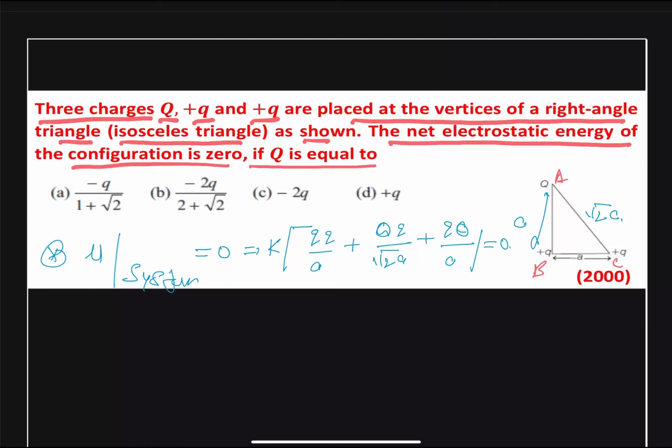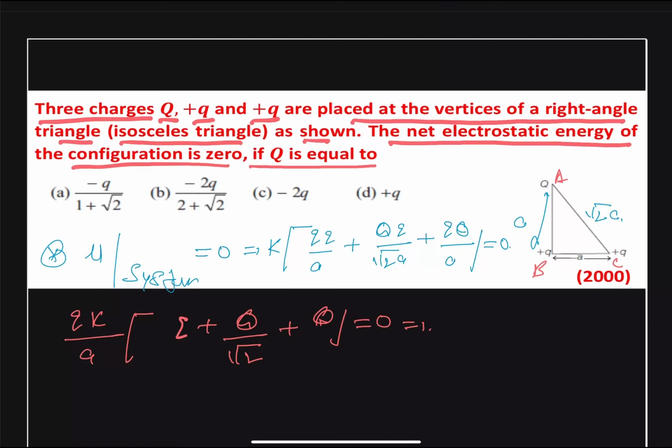Therefore we can easily solve it, and we can take kQ upon A as common. So we are left with only q plus capital Q divided by square root of 2, plus capital Q, is equal to 0.